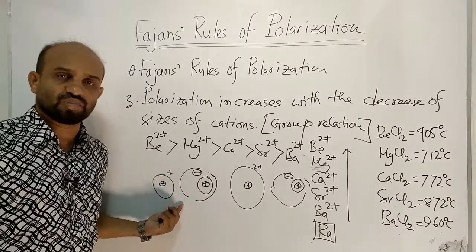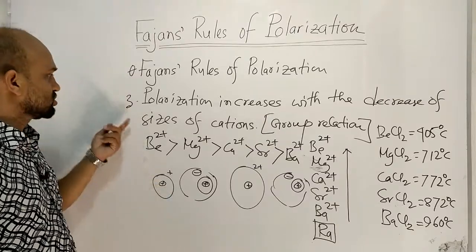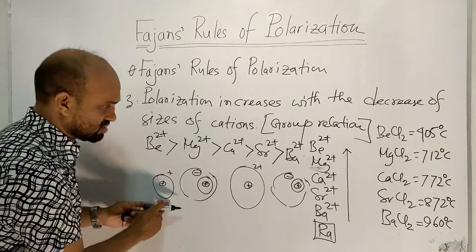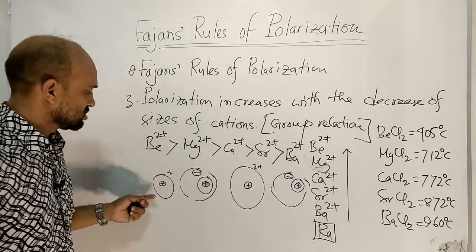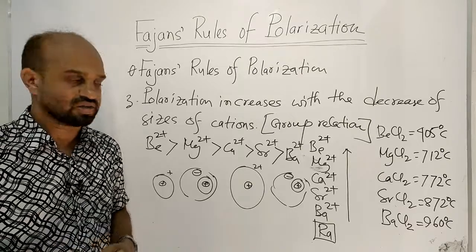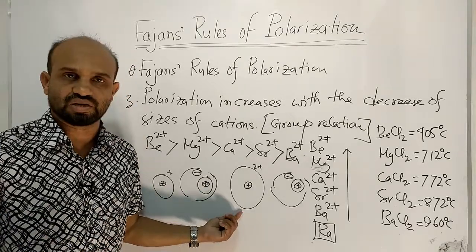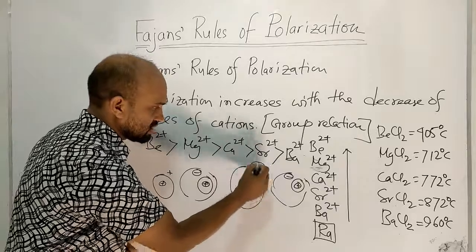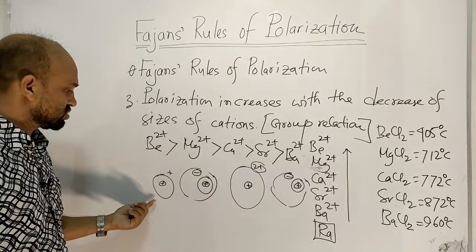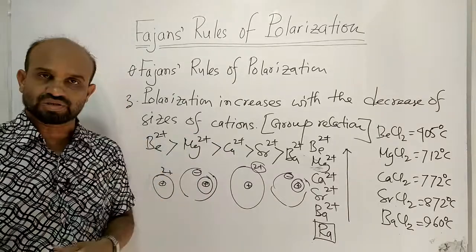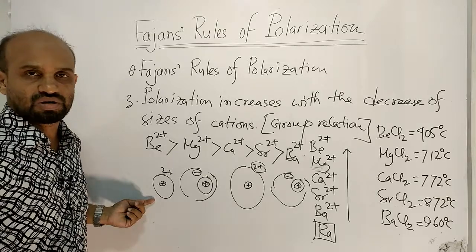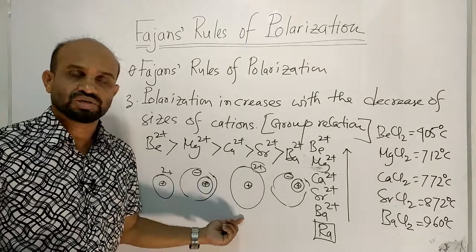Now in this case polarization is greater according to rule number 3. This is smaller in size compared to this one, so here the concentration of charge is very high. But this is bigger in size, so concentration is less, because bigger in size with 2 plus charge, smaller in size with 2 plus charge. So here the concentration of charge is high compared to this ion.